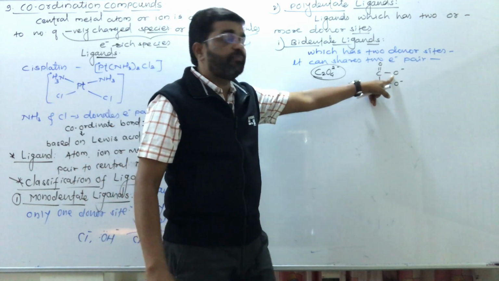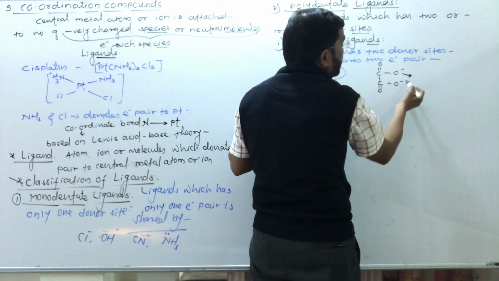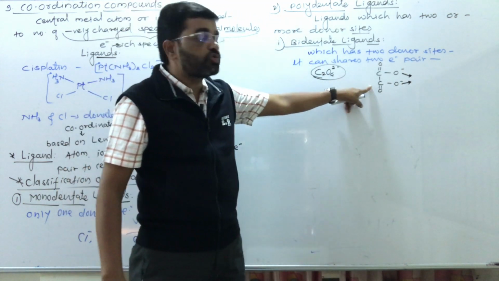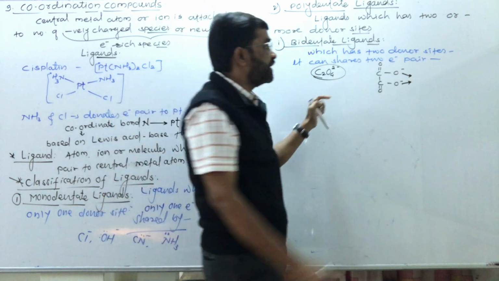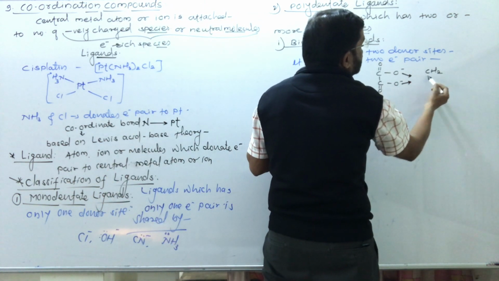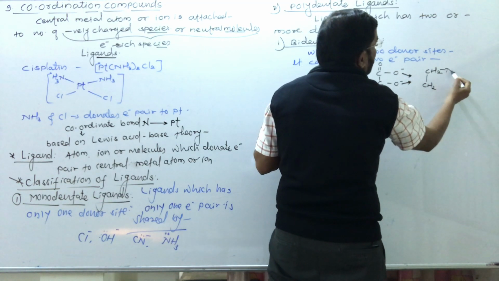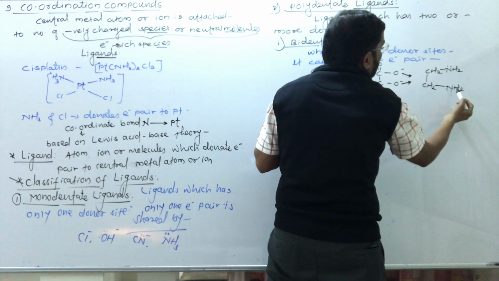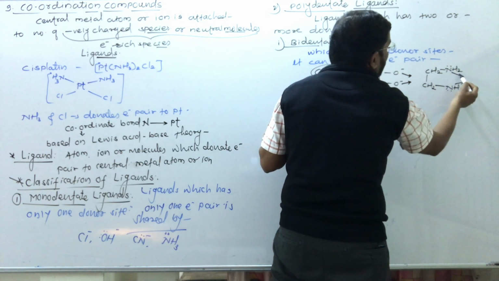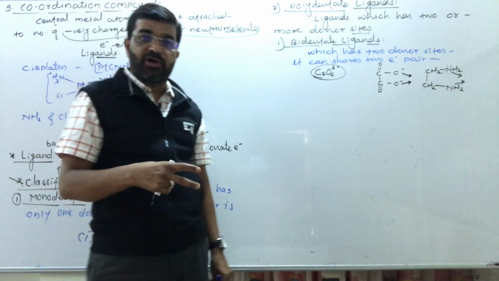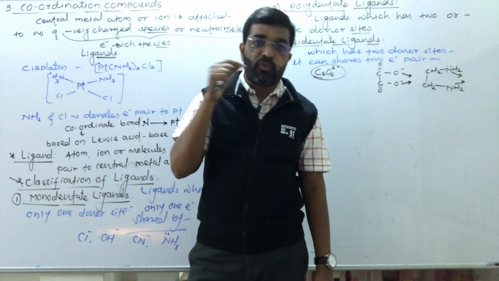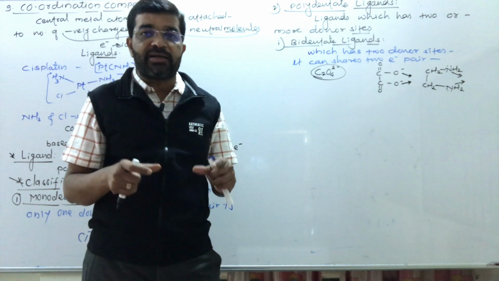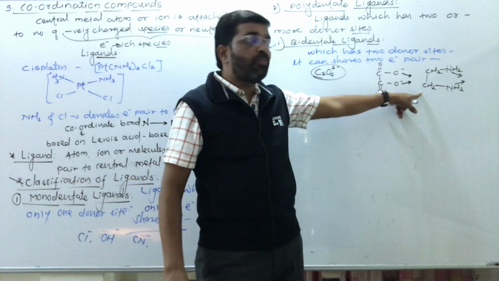It has two donor atoms. This oxygen can donate an electron pair, and this oxygen atom can also donate an electron pair. Therefore, it has two donor sites. Another example is CH2, here CH2, then NH2. Nitrogen has a lone pair of electrons. The nitrogen atoms present in ethylene diamine both have one electron pair and can share their electron pair with the central metal atom or ion, and therefore that is also a bidentate ligand.